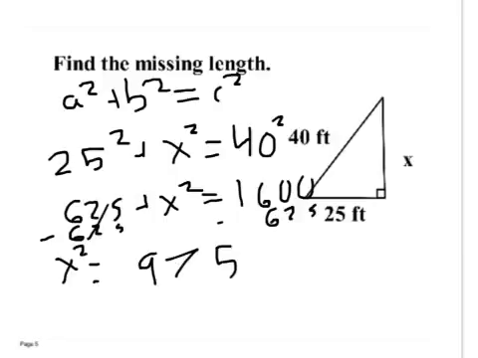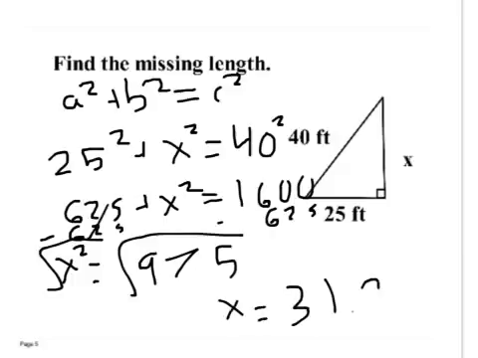So x squared equals 975. Is that my answer? No, I have to square root both sides. The square root of 975 is 31.2 feet. It'll probably say round to the nearest tenth, which is 0.2 here.